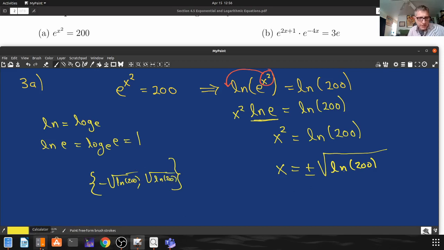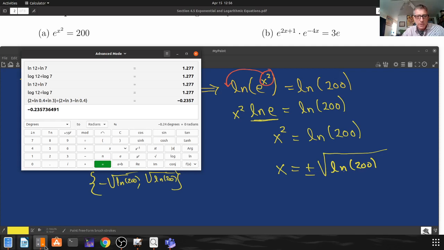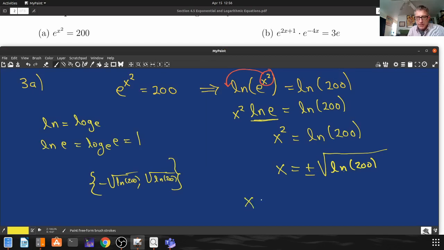So let's find out what that is using the calculator. Again, you look at your square root, ln 200, and I get plus 2.302 or minus 2.302. So the approximation is that x, the solution set, they don't do the set notation here.